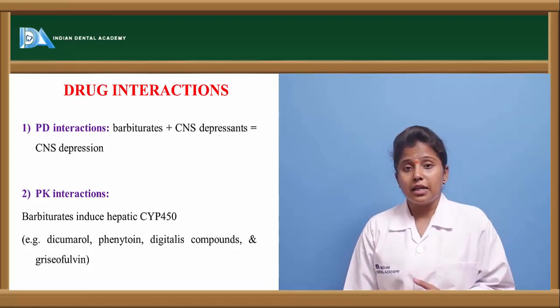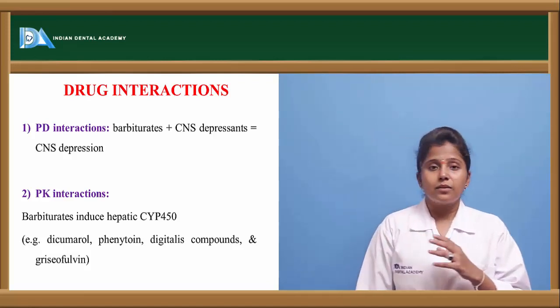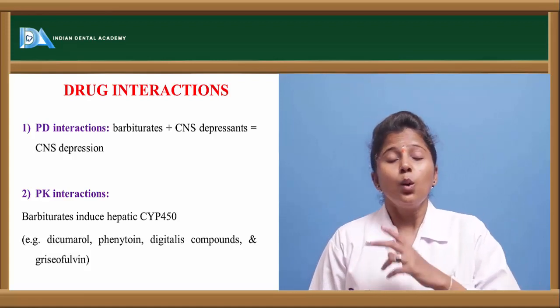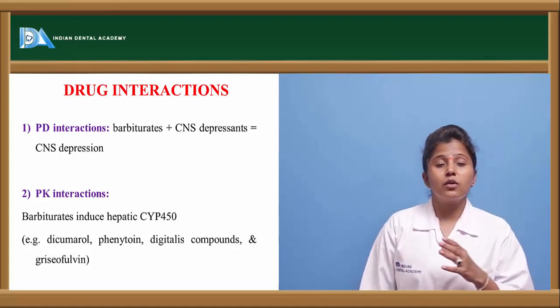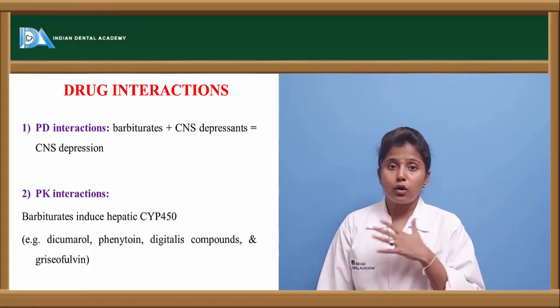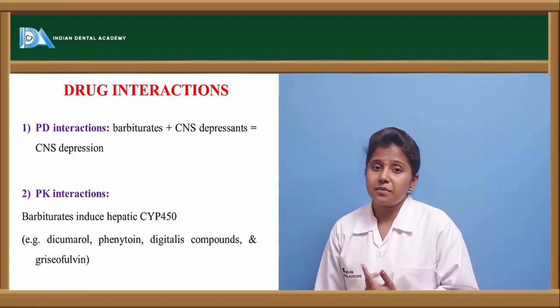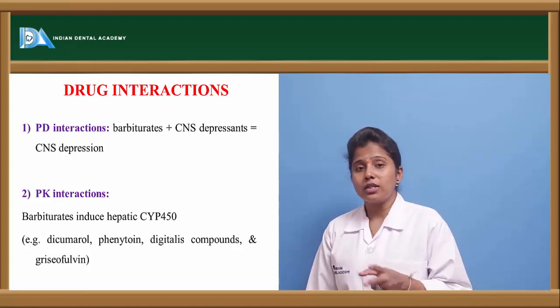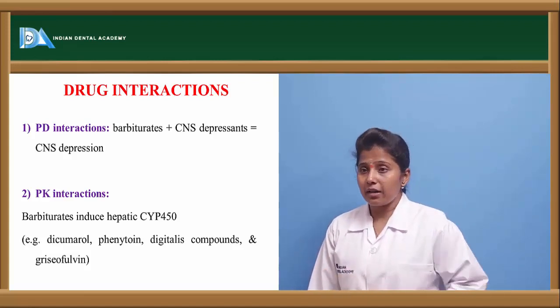So these are the drugs that, we can say, barbiturates induce the cytochrome P450, whereby they undergo metabolism. These drugs like dicumarol and others undergo rapid metabolism by this cytochrome P450. So that is the reason they cause interactions with these drugs.